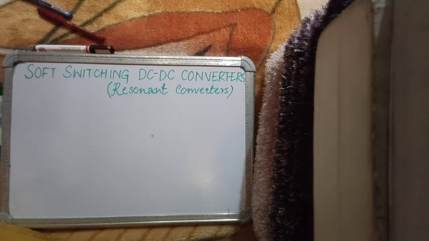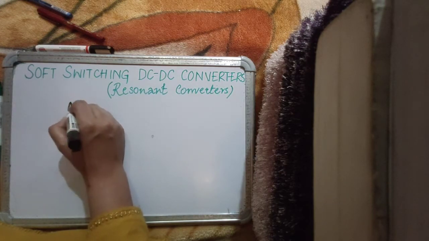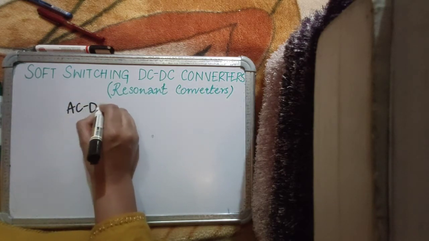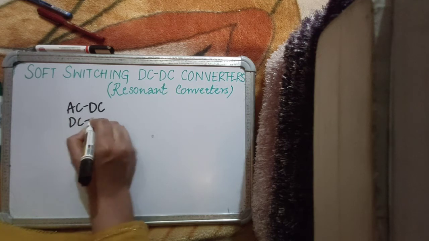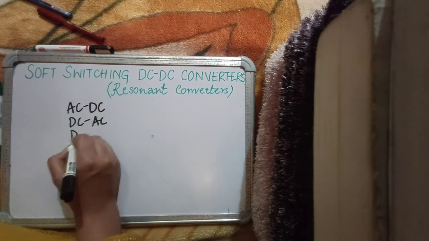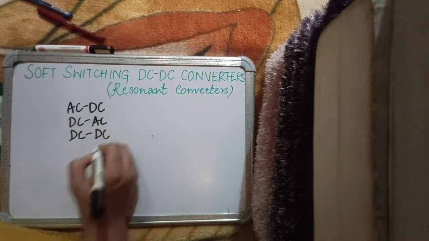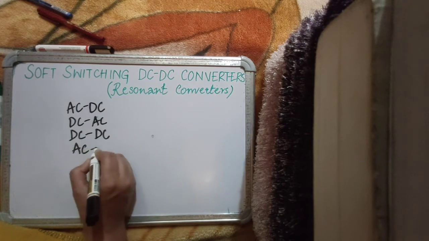So basically, when you talk about a power converter, it is generally a switch mode converter, which means it is either on or it is off, and depending upon whether it is on or off and how we turn it on and off, we may achieve control in the form of AC to DC, or from DC to AC, or from DC to DC, or from AC to AC.